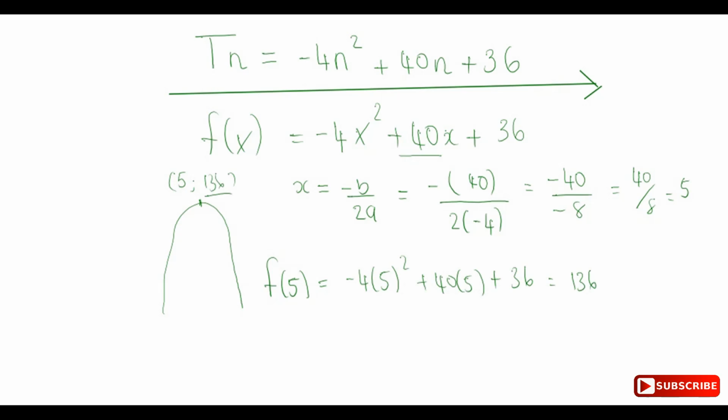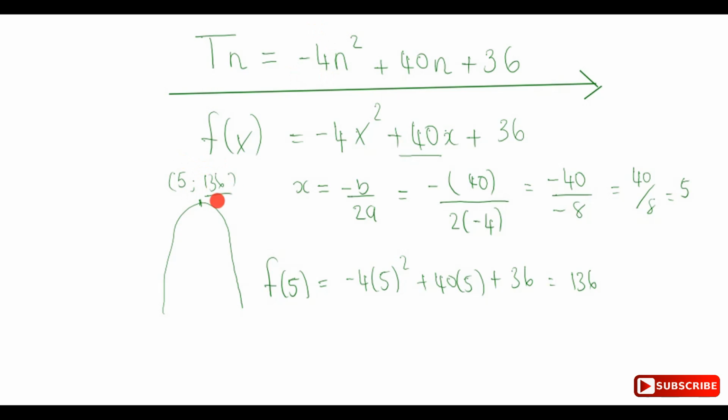Okay guys, so you can still use the same analogy of a quadratic function. We know that for a quadratic function to have a maximum, we need an a that is less than 0, which is what we have here, which is minus 4. Then we need to get the turning point. From the turning point you get the x value, and from there we're able to get the y value.